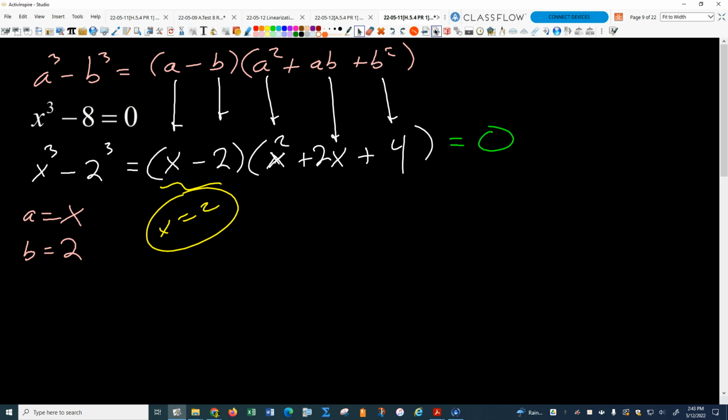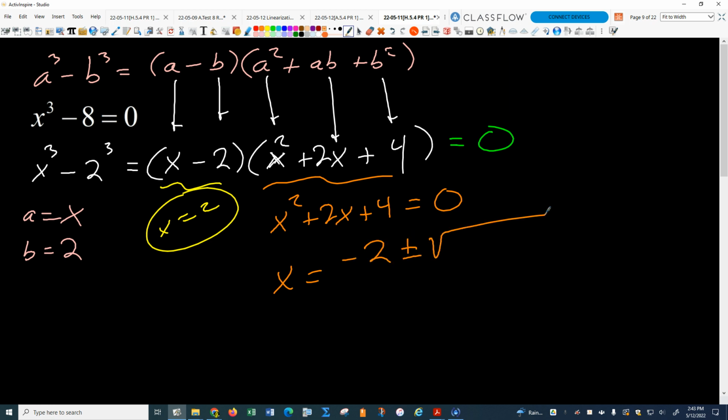So from this factor, we just set that equal to 0 and solve. Okay, well, we use the quadratic formula. x would equal negative b plus or minus the square root of b squared minus 4 times a times c, all over 2, right?